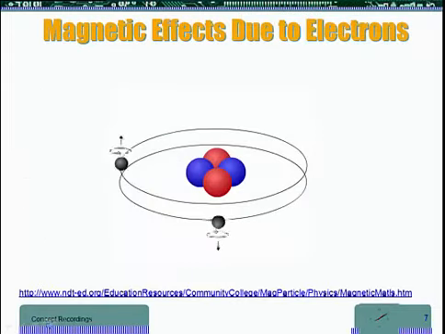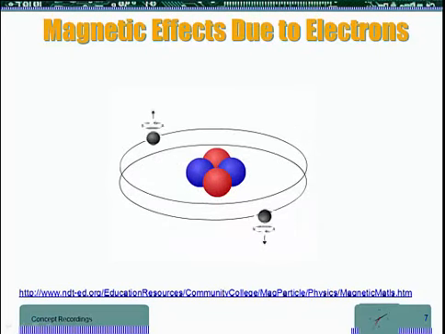Now, however, the situation is a little bit more intricate. Consider, for example, this particular atom where it has two protons and two electrons. The way electrons are paired in orbits in an atom, you have one of them spinning in one direction and the other spinning in the opposite direction.